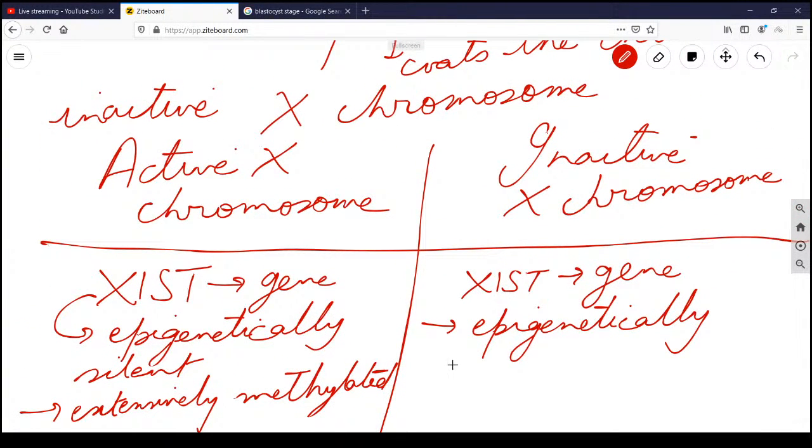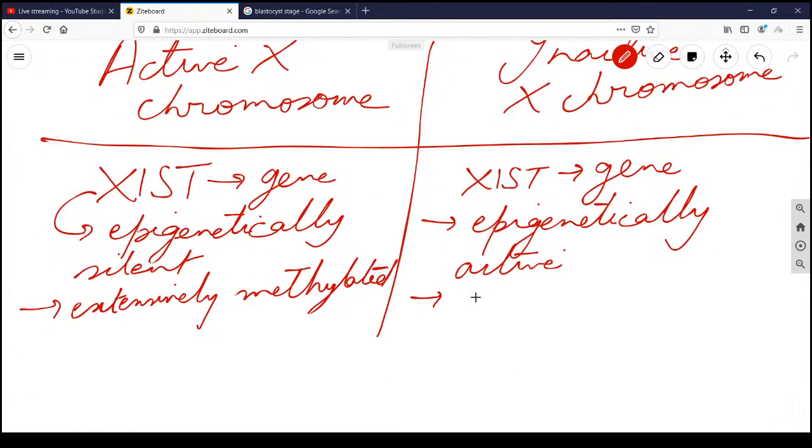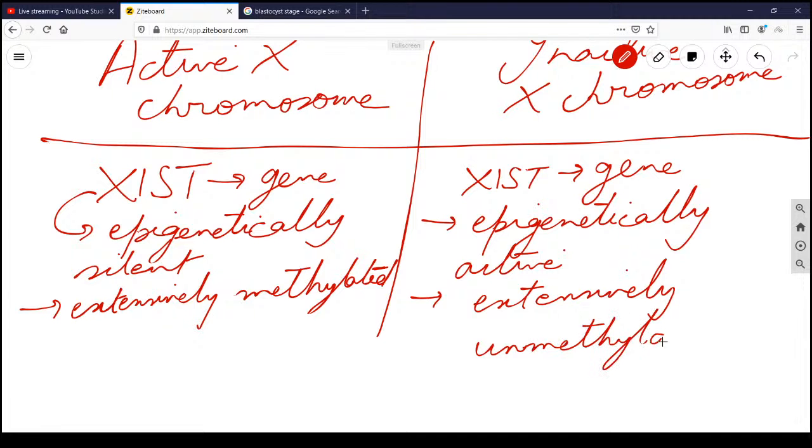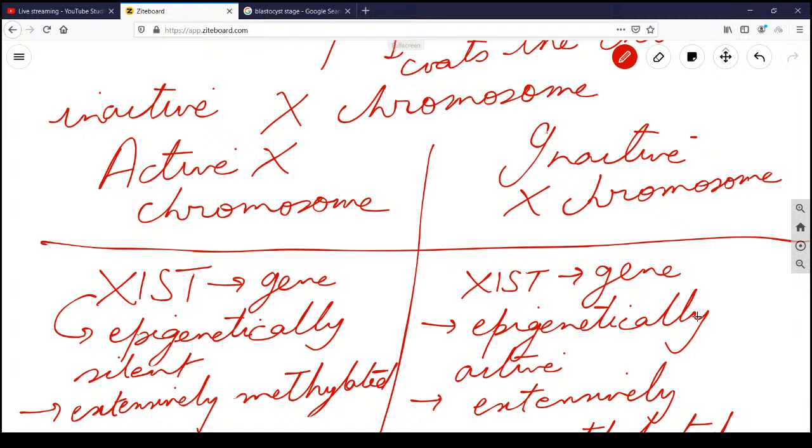Epigenetically active means not silent, which means the DNA is extensively unmethylated. Now it will be produced and it will coat that X chromosome specifically from which it is produced. That same chromosome it will coat and then cause inactivation of that X chromosome.